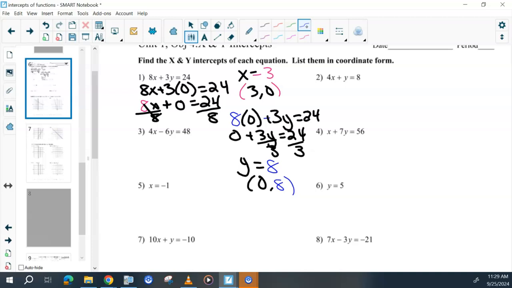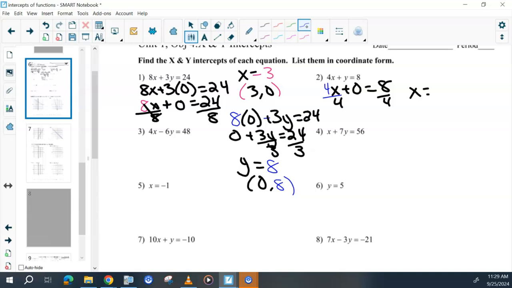So let's say I'm solving for x. I'm going to put 0 in, but I know that's going to be 0. I'm just going to go straight to the next part and divide both sides by 4. So that x is 2.